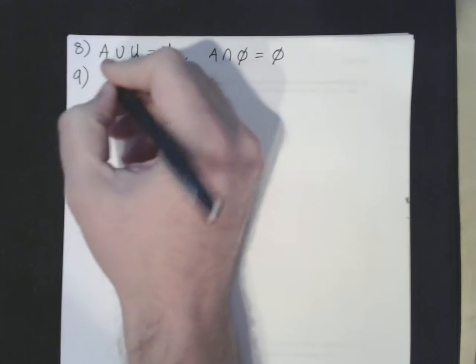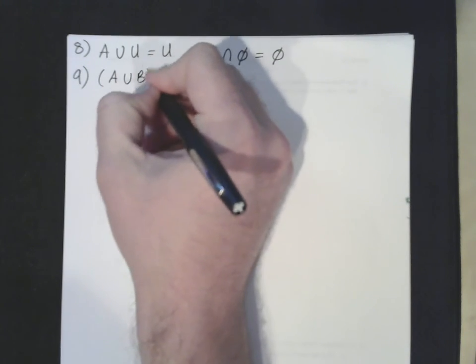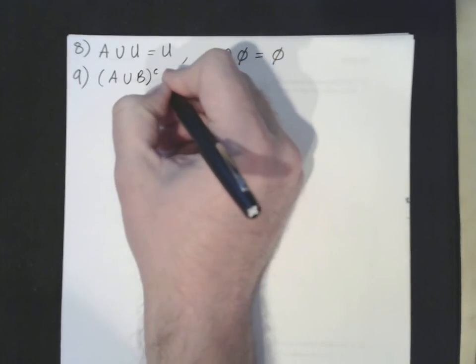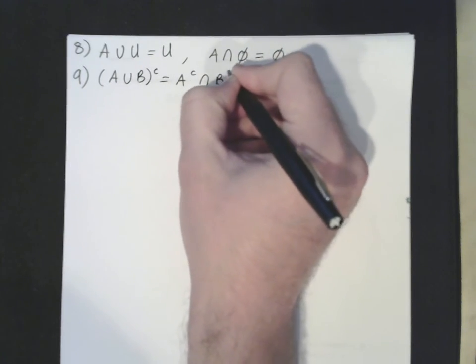Number 9 here is parentheses A union B complement is equal to A complement intersect B complement.